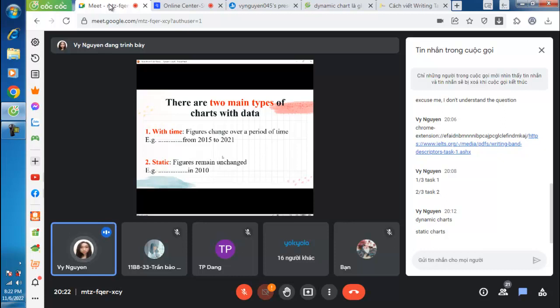So you cannot see any changes at all. This is a static chart. With these two, the style and language you use for each will be different. With time, you will use trend language to show trends or changes.